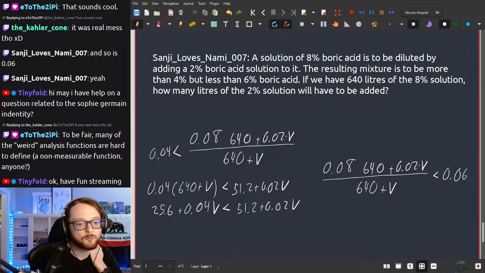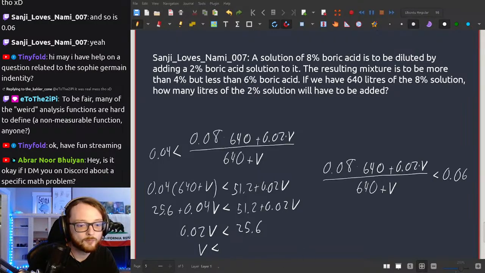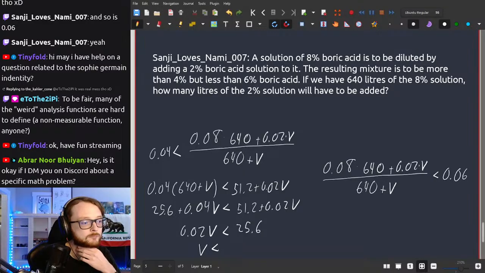Okay, and then I'm going to subtract the 0.02V over here and subtract the 25.6 over here. So 0.02V is less than 25.6, and then divide out 0.02. 25.6 divided by 0.02 with a calculator, 1280. So I guess that's the most we can add.